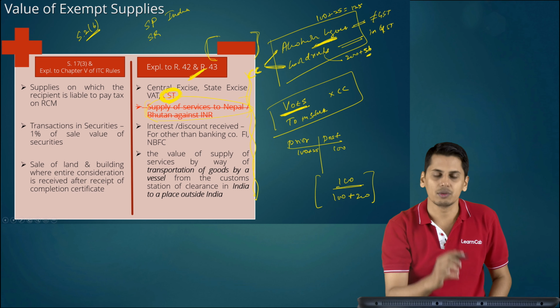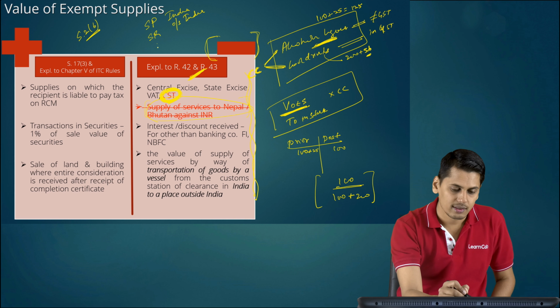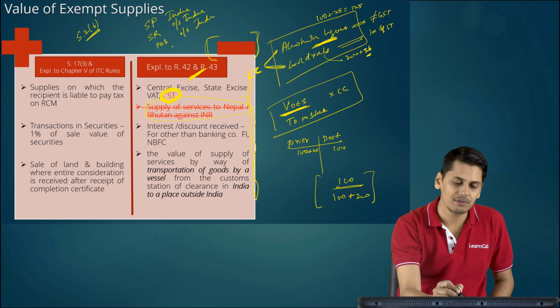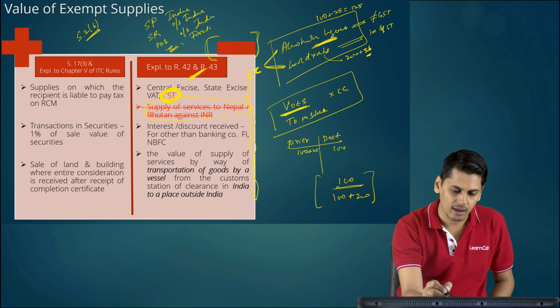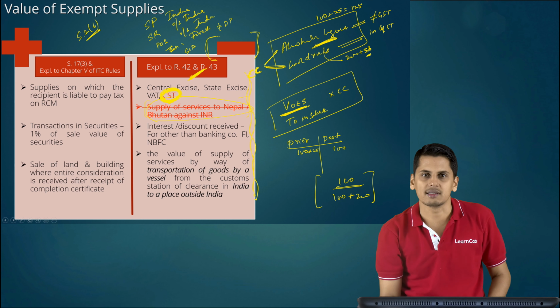The service provider should be from India. Service recipient should be outside India. The place of supply should be outside India. You should receive the consideration in forex, and the supplier and recipient should not merely be distinct persons.